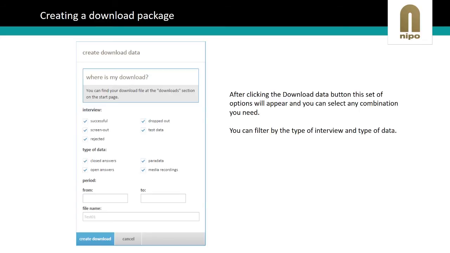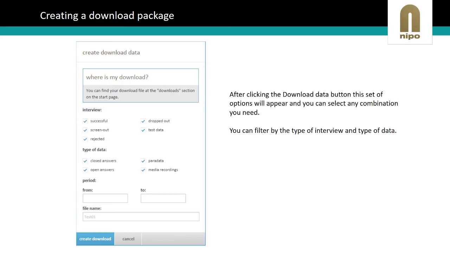If you want to just check or process only successful interviews and, for example, only closed answers, just for a quick analysis of the data, you can select only that, and you will be ready to go.